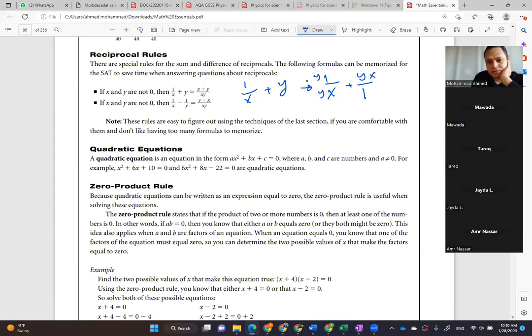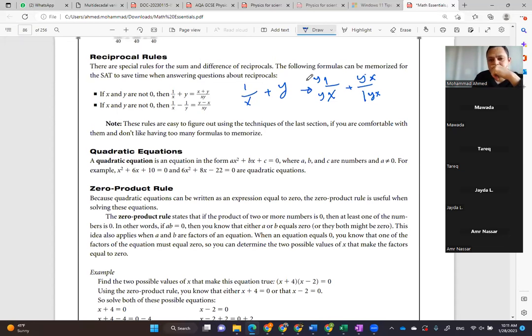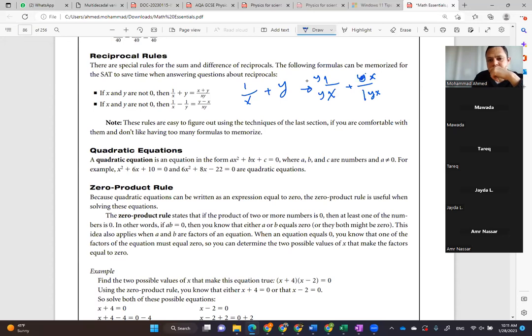By xy, sorry. We need yx. Yes, we're going to multiply the second one by x, and we need this to be yx.